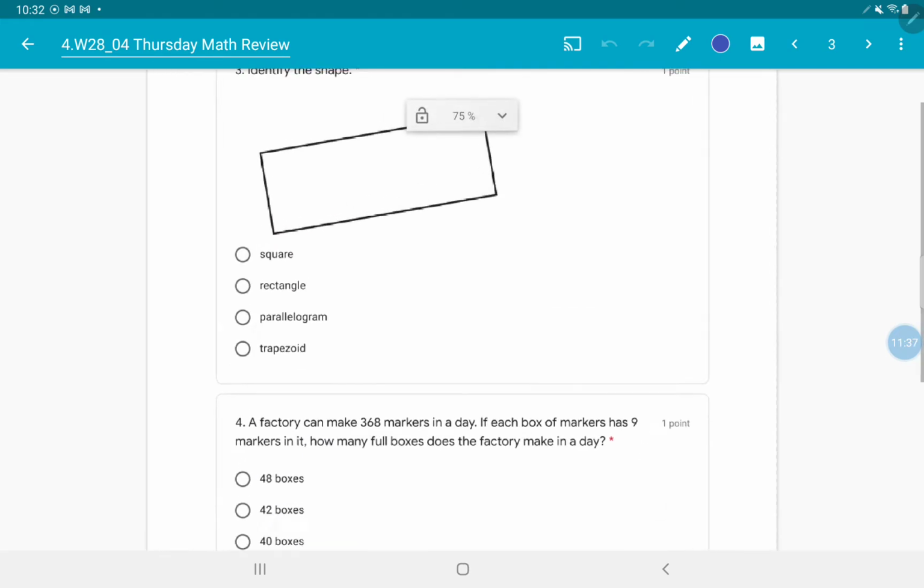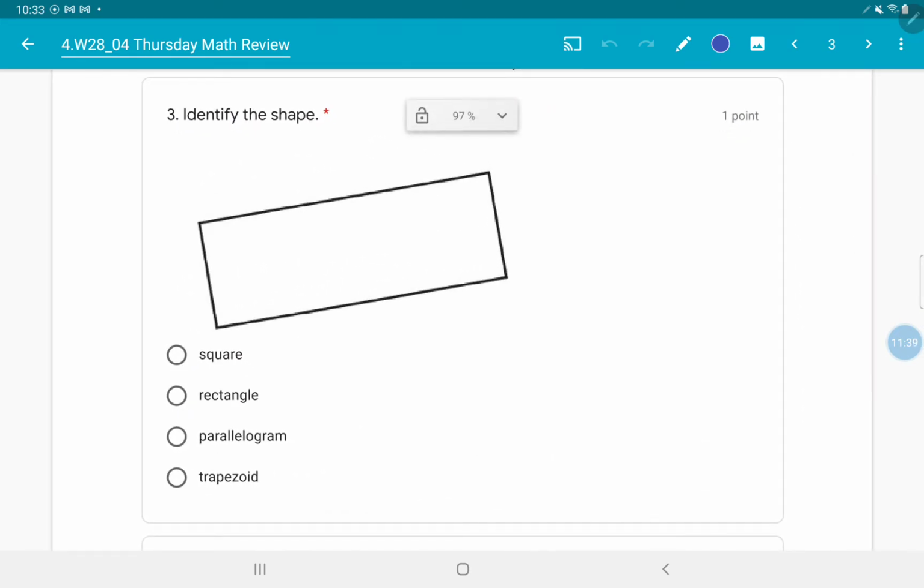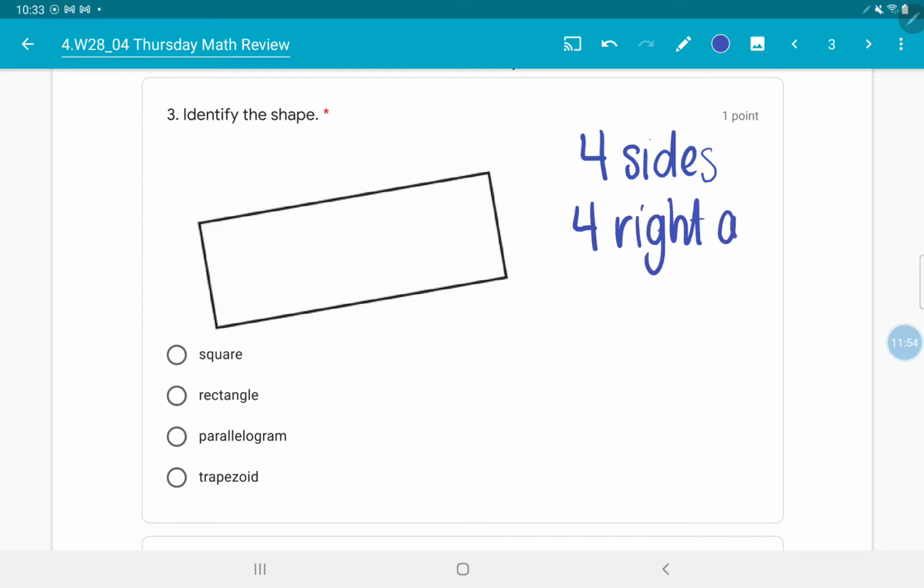All right, number 3. You have a shape. This shape has how many sides? 4 sides. How many right angles? 4 right angles. All right, let's talk about the length of the sides. Is the top and the bottom the same length? Yeah, the top and the bottom are the same.